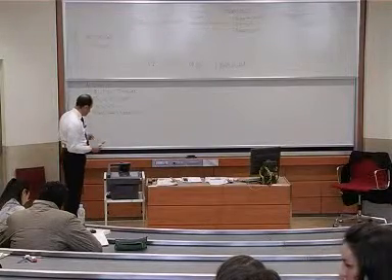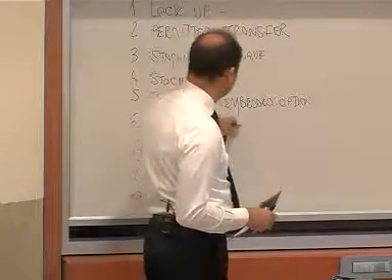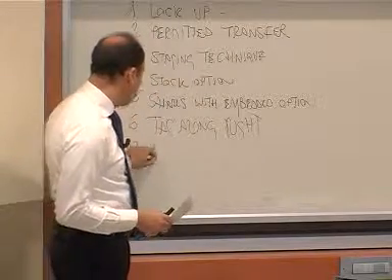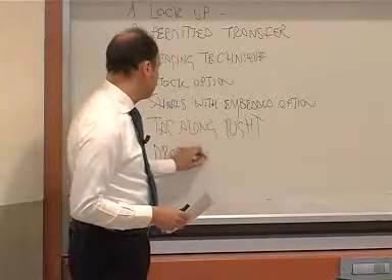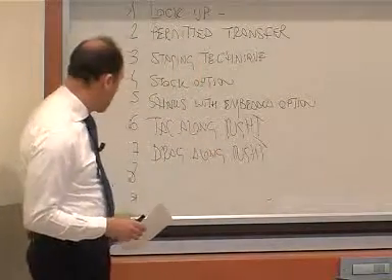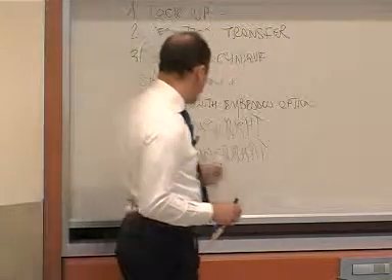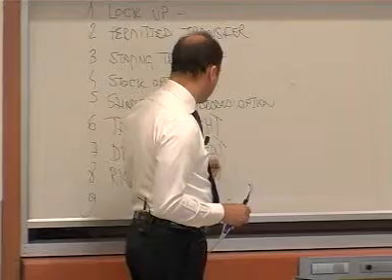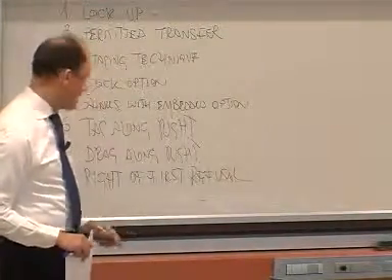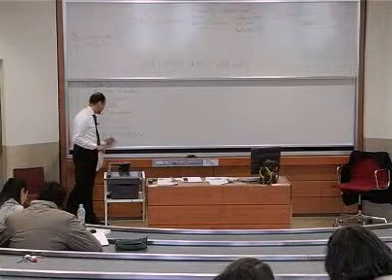The rule number 6 is tag along right. Number 7, drag along right. Number 8, right of first refusal. And last, exit ratchet.